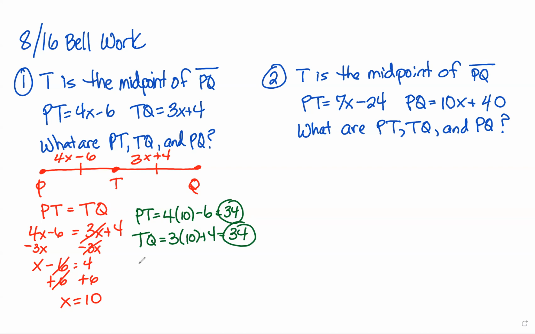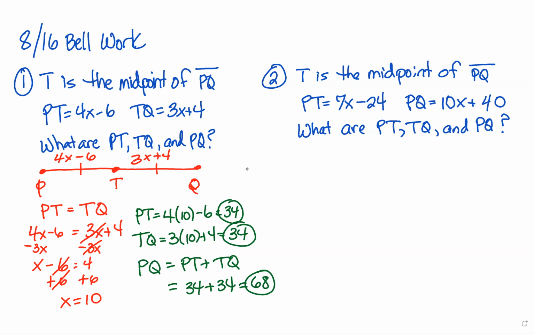Then the distance from P to Q would be P to T plus T to Q. So that is 34 plus 34, which is 68. So those are the three answers to the first bell work problem. P to T is 34, T to Q is 34, and P to Q is 68.